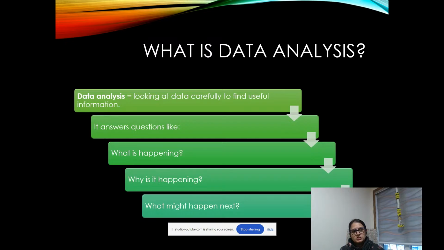If these three questions are in your mind, you will become an expert data analyst. Okay. Even with a simple data set, why is this happening, what is happening with my data set, if I have applied this statistical method, what will be the output, what will happen next. Okay. So this will help you bring useful insights from your data.